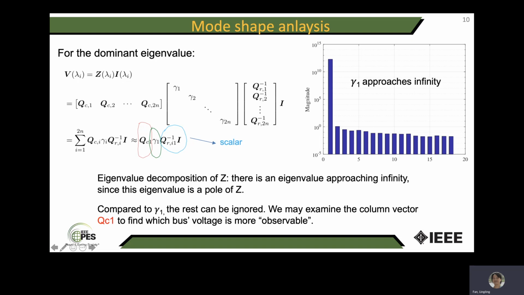So we can check gamma 1's eigenvector, the column QC1, and examine each component of it to find out which bus voltage is more observable to this dominant eigenvalue. This way, we can definitely say this is the mode shape.